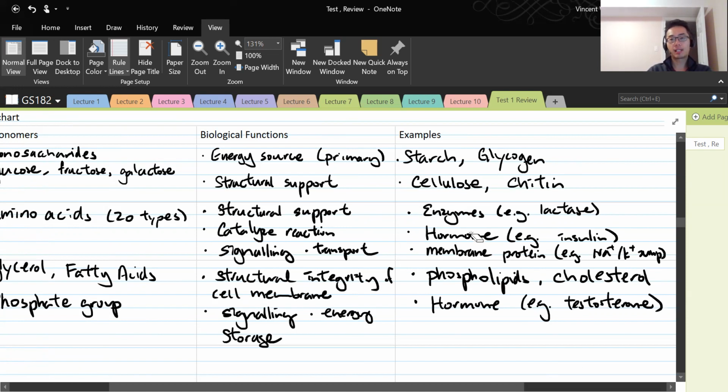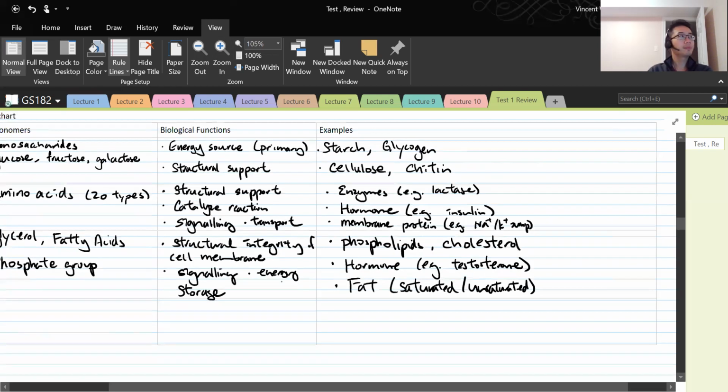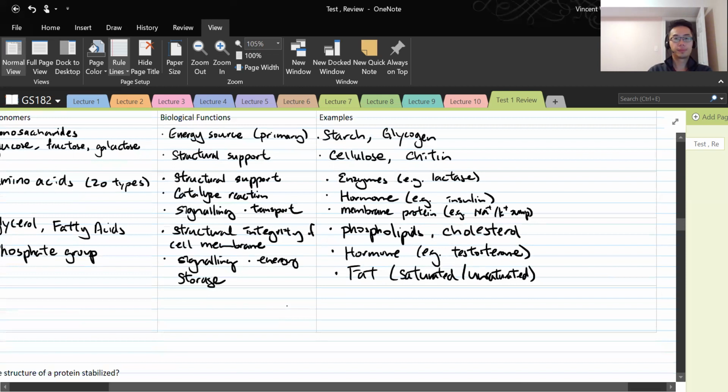So hormones can either be protein or steroids. We talked about that before. And then fats would be energy storage, right? Could be saturated or unsaturated. That is that.